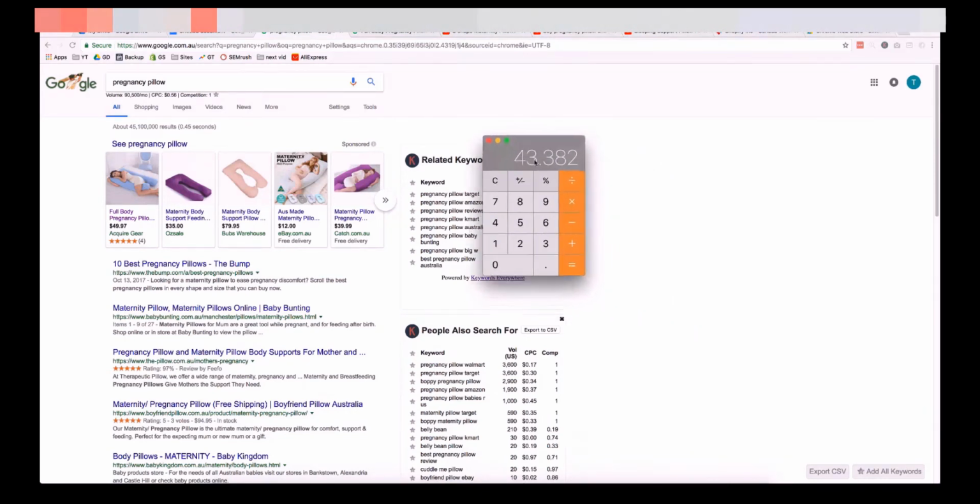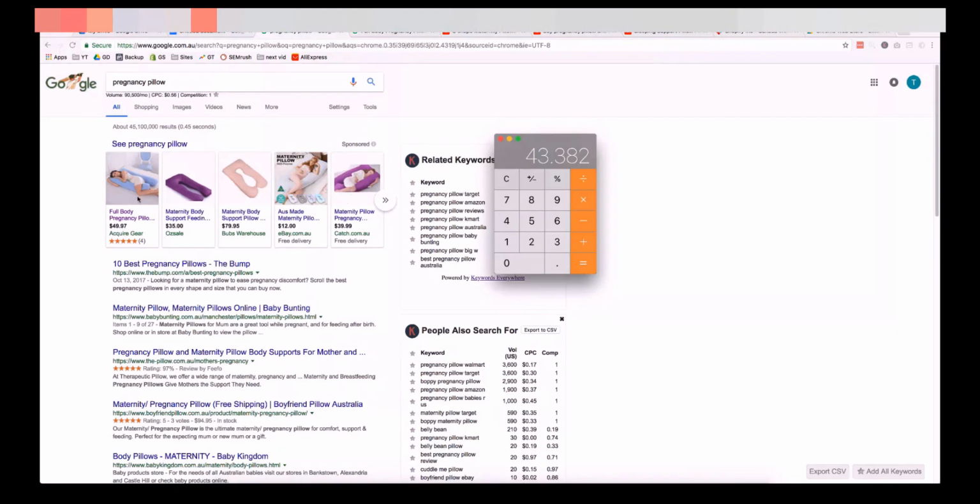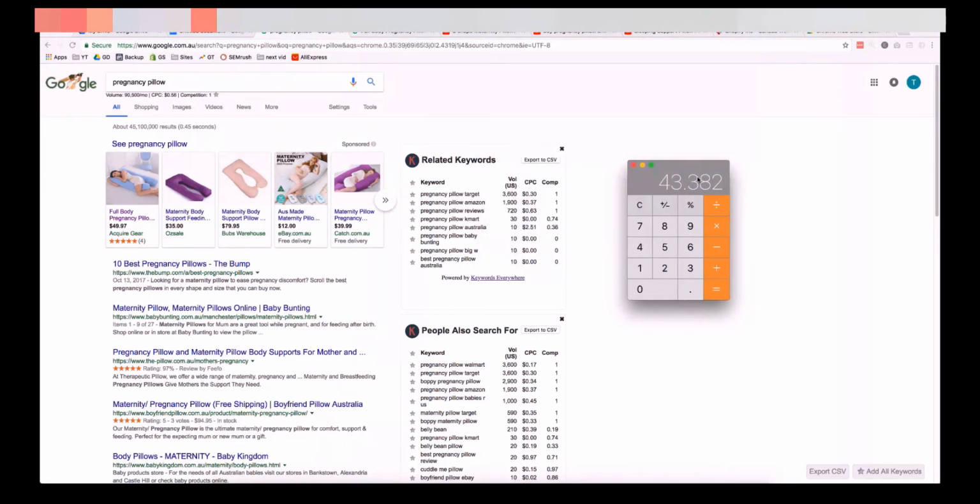Okay, so we've got $43 as the optimal price to fit in here. If we put $43, it doesn't automatically mean we're going to appear in the top 5, because that depends on a number of things like quality score, your bid, and ad rank. So anyway, we've got a base number here.